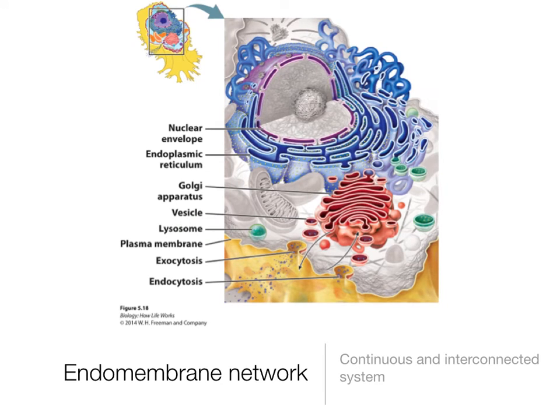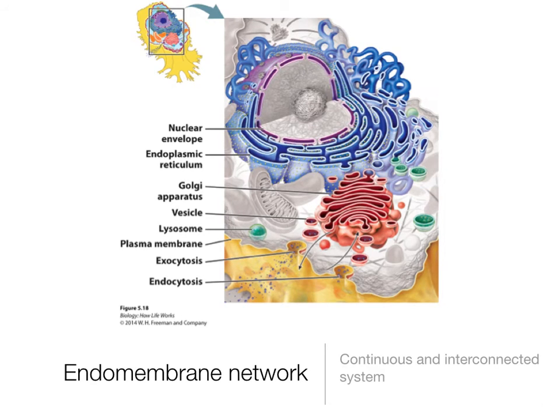The next step is the endomembrane network, which is in fact a network made of continuous and interconnected layers of membranes. If you look at the first one, which is called the endoplasmic reticulum, represented in blue, you will see that it directly starts from the external membrane of the nuclear envelope.